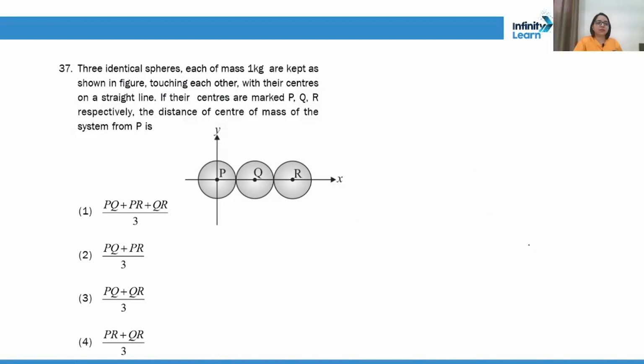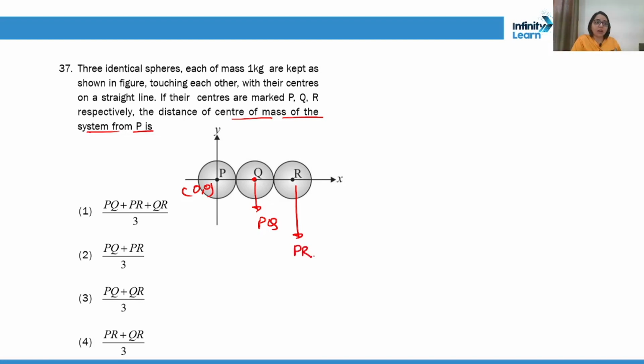Question number 37. Three identical spheres, each of mass 1 kg, are kept as shown in the figure, touching each other with their centers on a straight line. If the centers are marked as P, Q, R respectively, the distance of the center of mass of the system from P is? So P is 0. This distance is PQ, and this complete distance from the origin is PR.